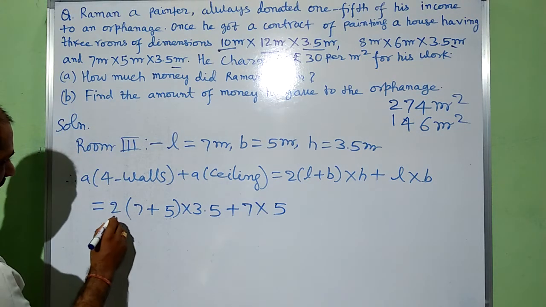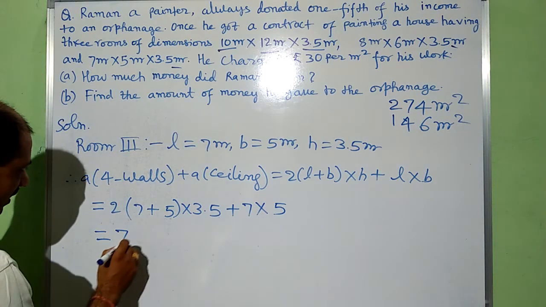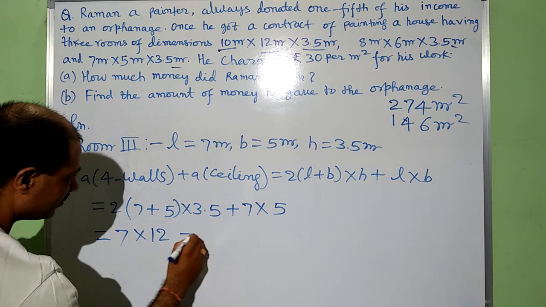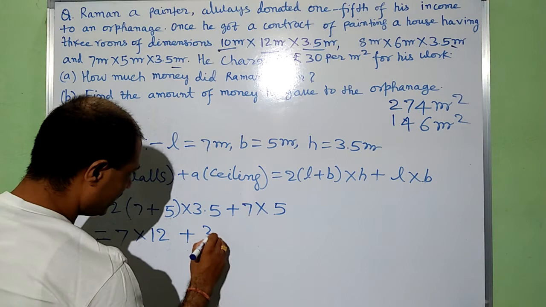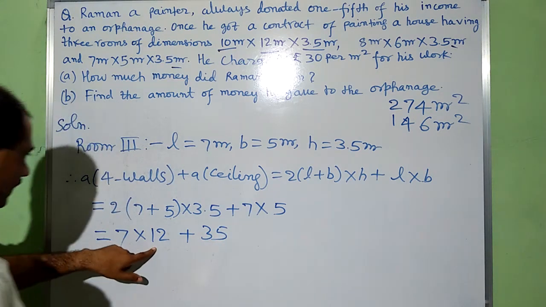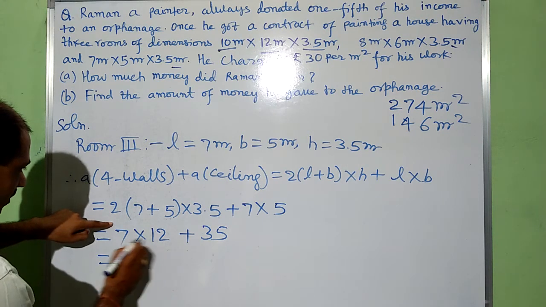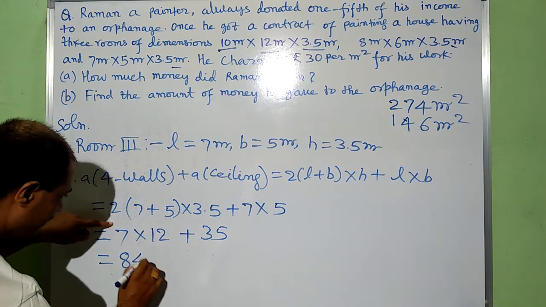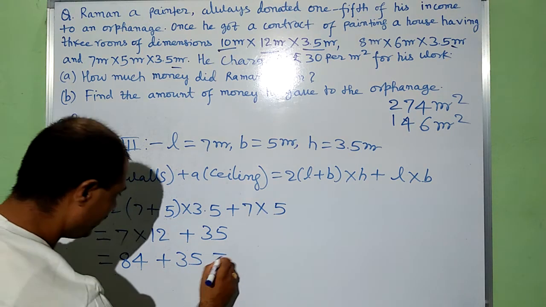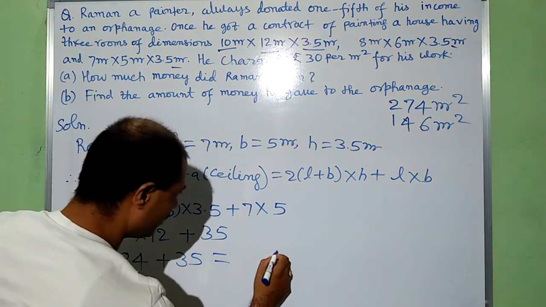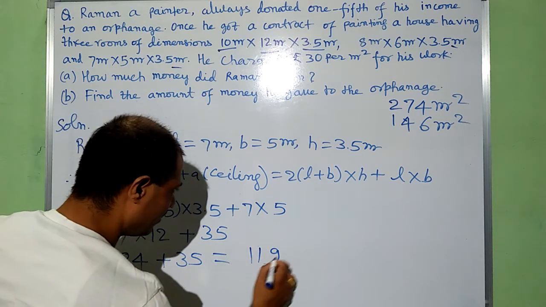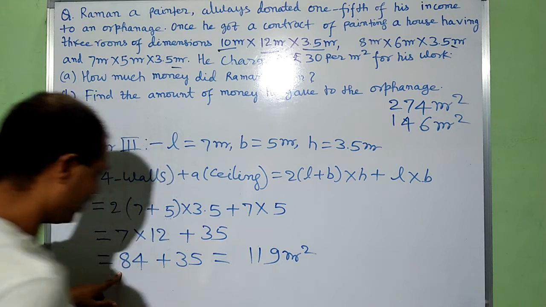It will give us 2 into 3.5, that is 7, into 7 plus 5, 12, plus 7 into 5, that is 35. 7 into 12 is 84 plus 35. It will be 119 meter square.